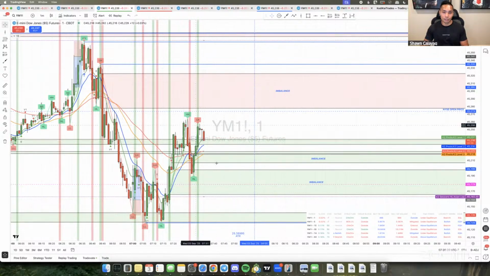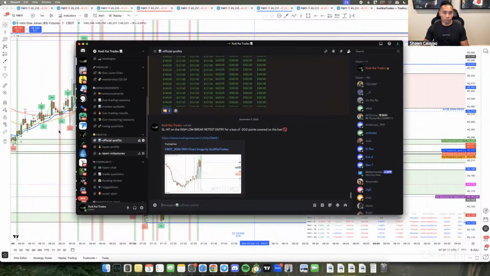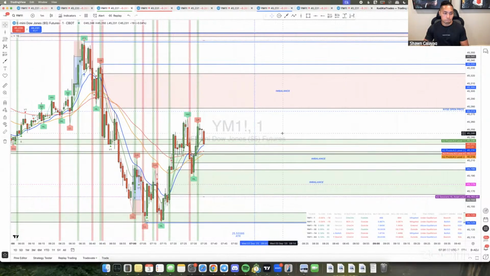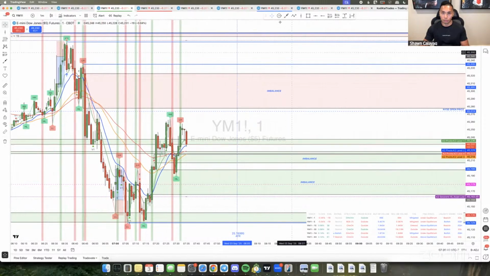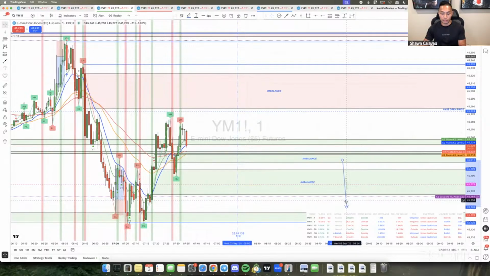If you guys have any ideas, send me your ideas on my Discord because I'm going to be working with this programmer, and if there's anything that you thought, like, I wish I could have automated this type of workflow, right? For example, this tool right here, I'm using a third-party tool to identify the overall market structure. I'm probably going to work with this developer to create our own tool so that you guys can have access to it.